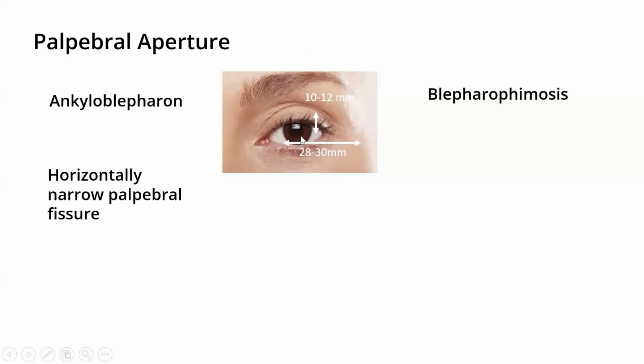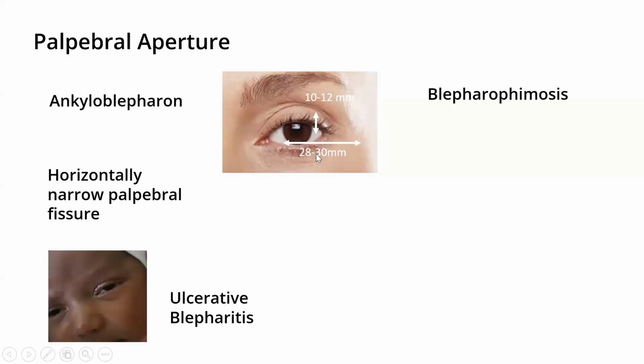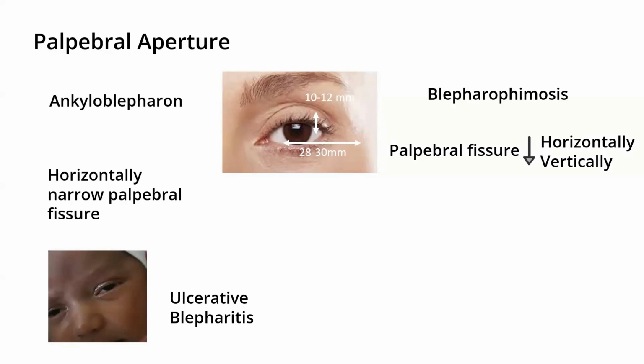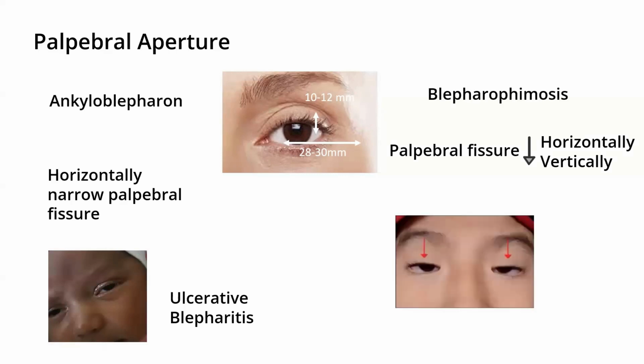So vertically, it might still be 10 to 12, but horizontally, it is reduced. Where do you see it? You see it usually in ulcerative blepharitis. Blepharophimosis is a condition where the palpebral fissure is reduced both vertically and horizontally. It's not only horizontally, it's reduced both vertically and horizontally. This is usually seen as congenital blepharophimosis syndrome.